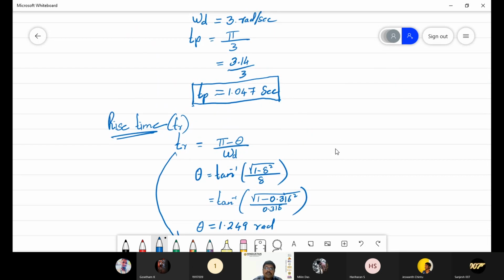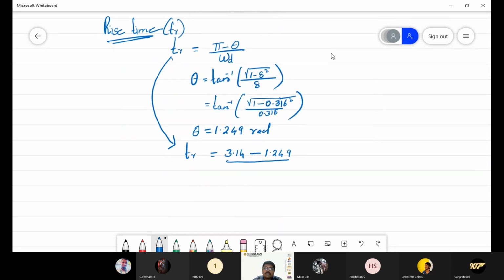Omega d value we also found out, that is 3. Divided by 3, you will get the rise time. Just substitute in the calculator and tell me what rise time you are getting.